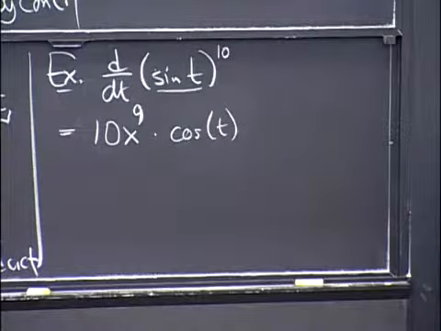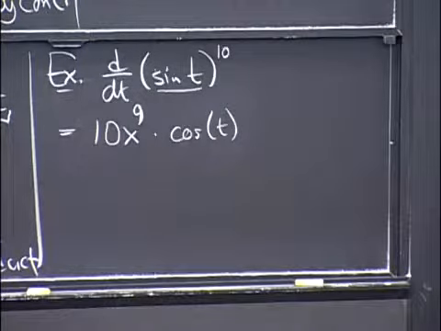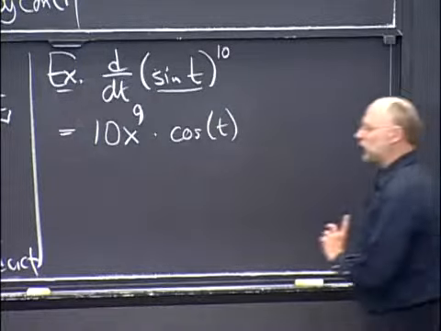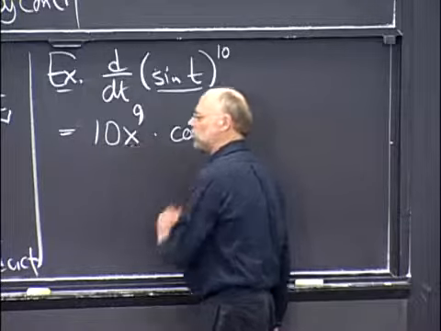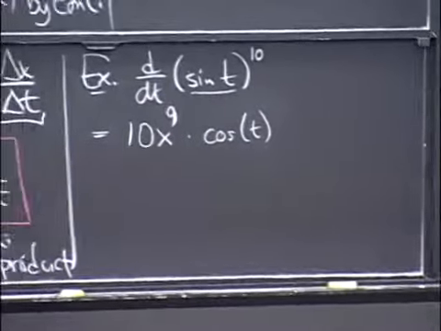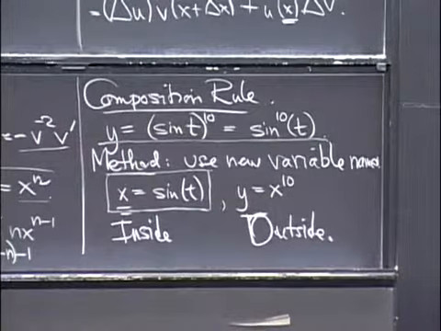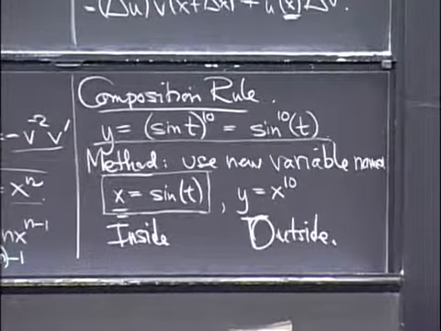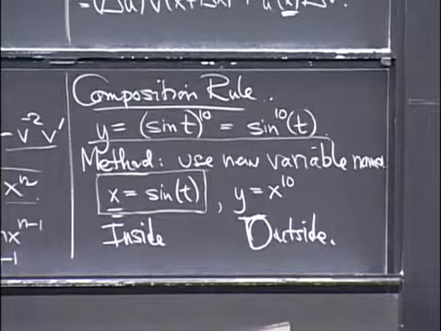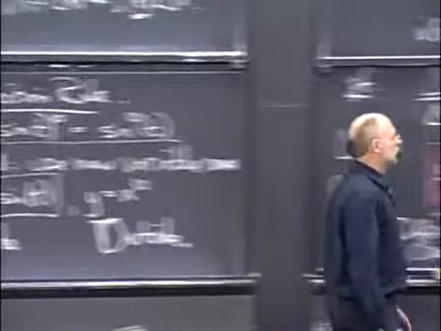That's what the chain rule gives you. This is correct, but since we were the ones to introduce this notation x here, that wasn't given to us in the original problem. The last step in this process should be to substitute back in what x is in terms of t.